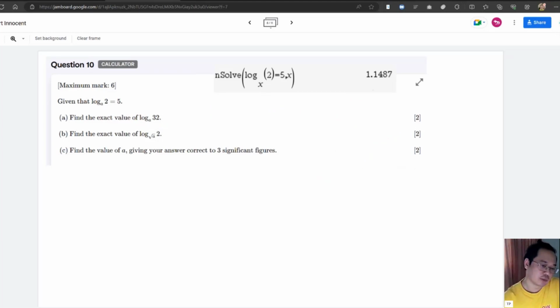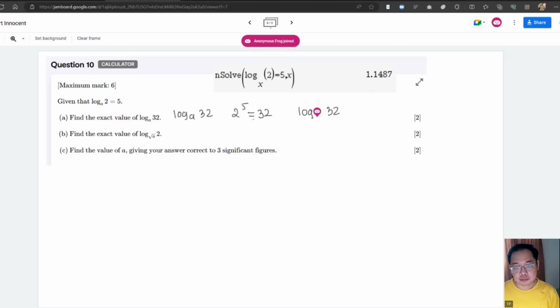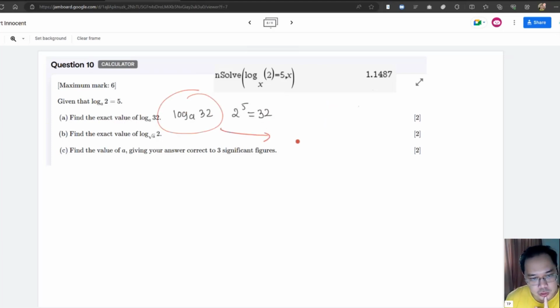So we see the relationship between 32 and 2 is pretty simple. But anyway, you've learned one more interesting thing, which is solving an equation using a calculator. So here, log base A of 32 is equal to the log base A of 2 power 5.